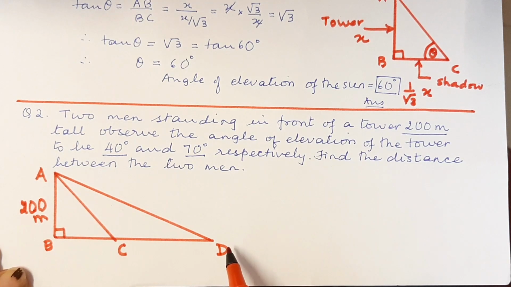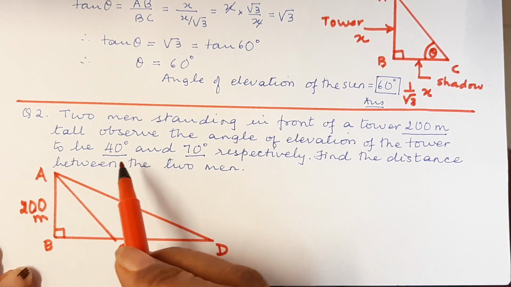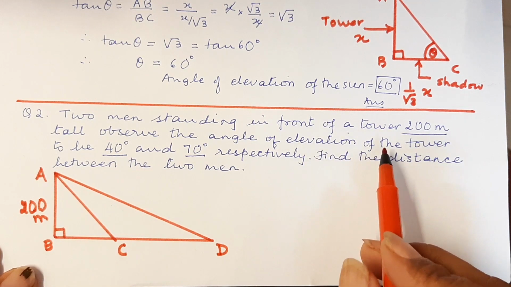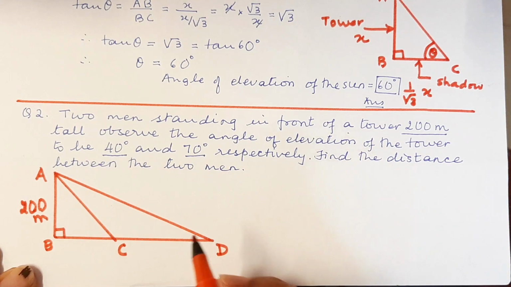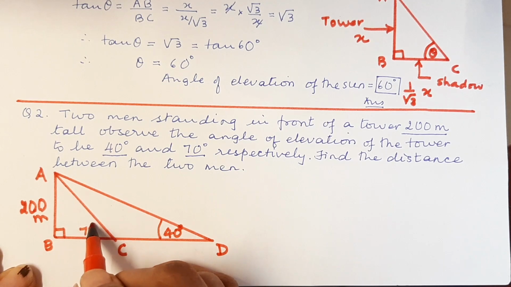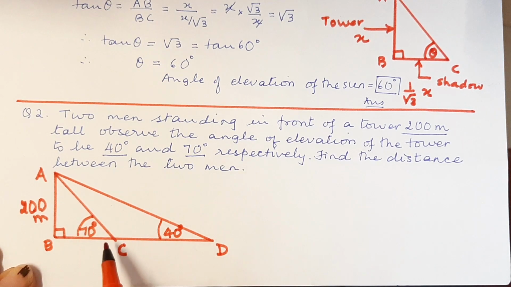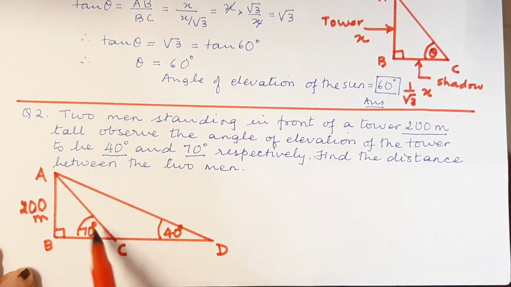So we have the two observers who are looking at the top of the tower. Now the angles of elevation that we have are 40 degrees and 70 degrees. So we will have this one 40 degrees and this one 70 degrees. As we come closer, the angle of elevation increases. So now that we have this, we will have two triangles, ABC, which is the first right triangle, and ABD, which is the second right triangle.